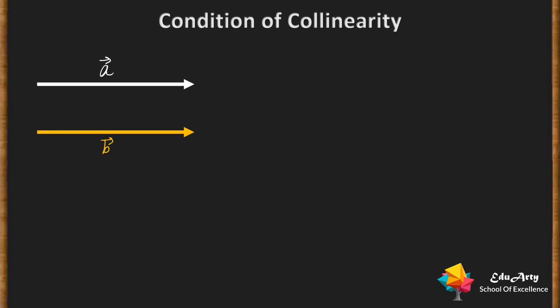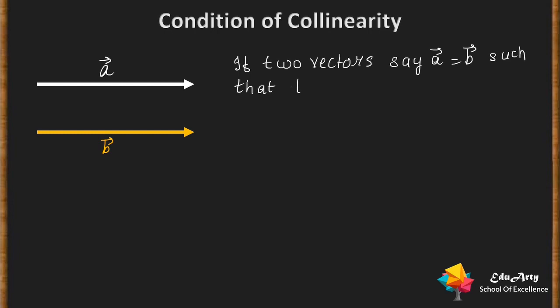Let us write a statement: if two vectors, say A vector and B vector, are equal, such that their unit vectors are equal.